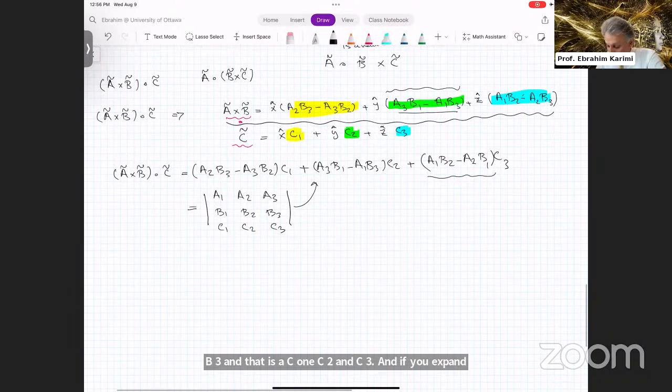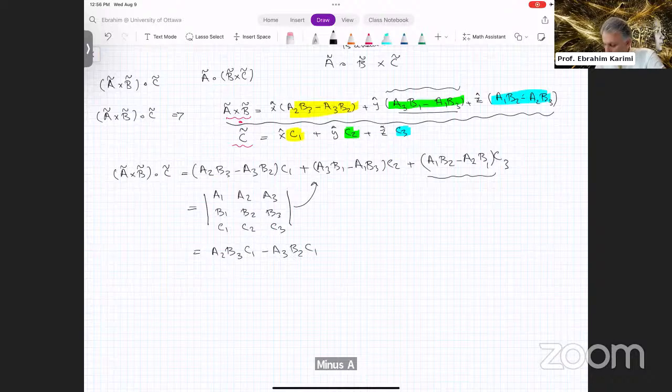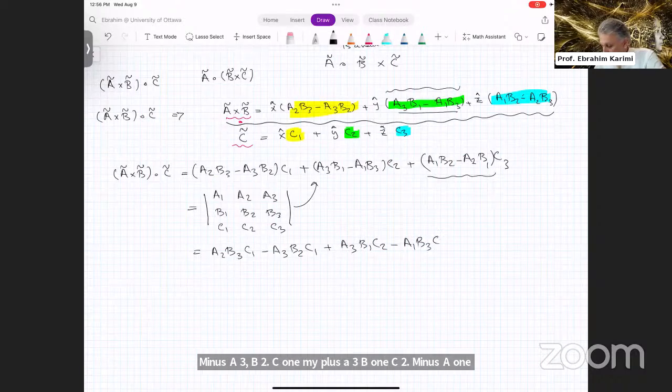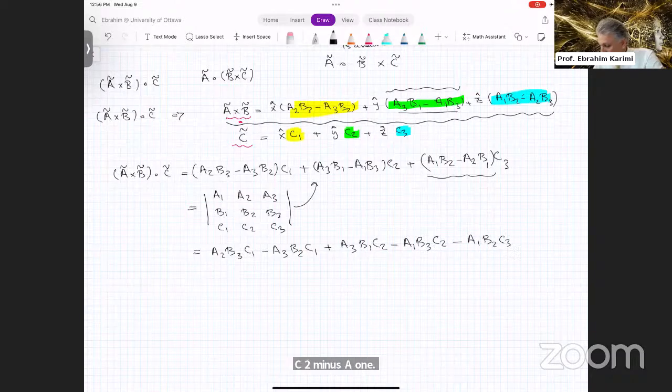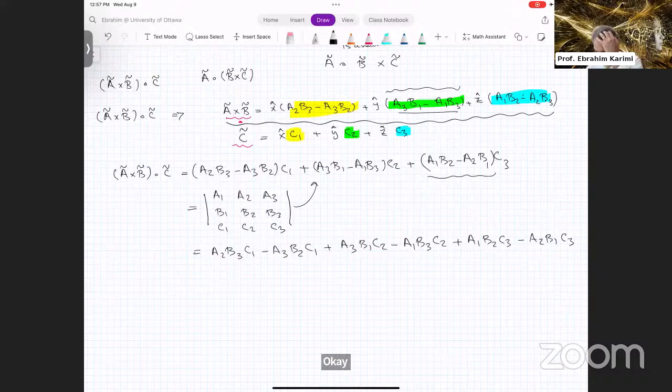So I can expand it further: A2 B3 C1 minus A3 B2 C1 plus A3 B1 C2 minus A1 B3 C2 plus A1 B2 C3 minus A2 B1 C3.